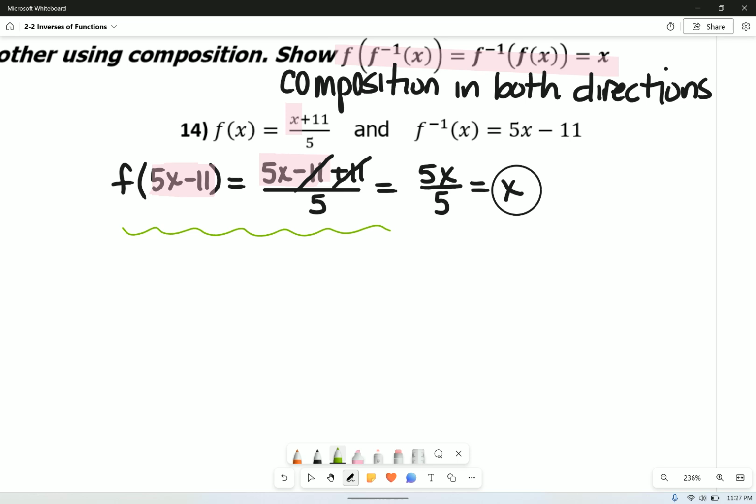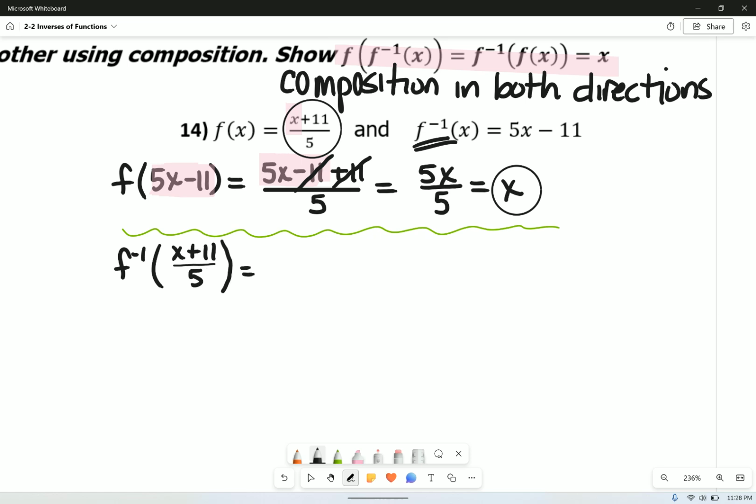So now I'm going to do it in the reverse. Okay. So instead of starting with the f function, we're going to start with the f inverse function. And we are going to substitute. See, we're starting over here with f inverse, so we're going to substitute the other one, x plus 11 over 5. So now, let me erase this here.